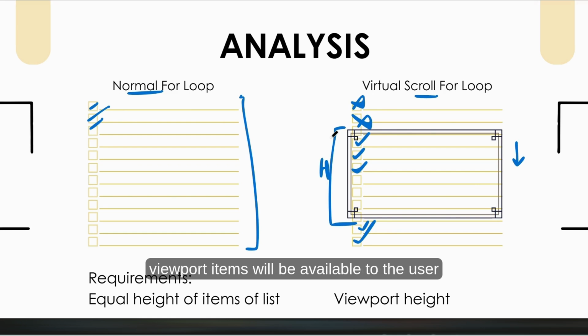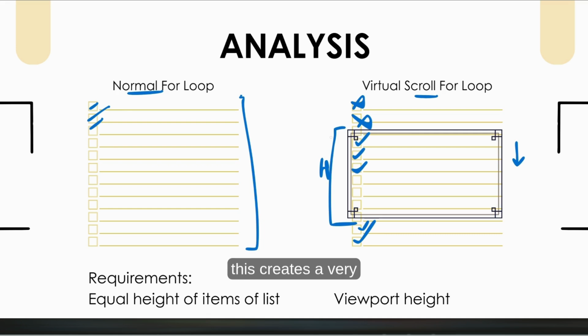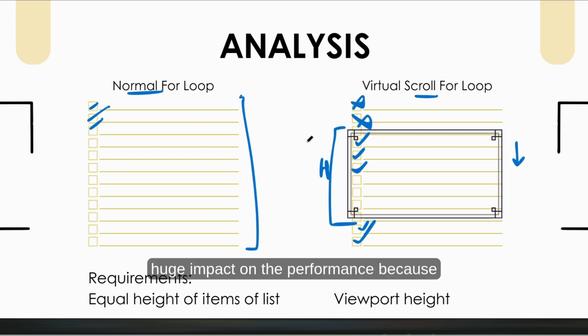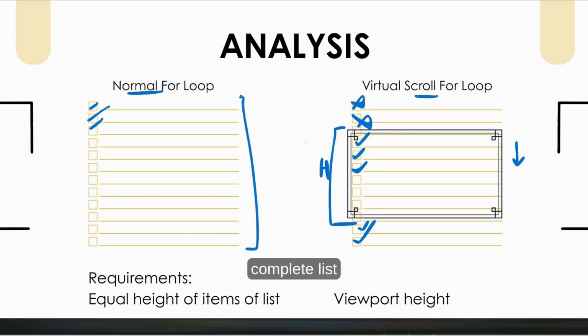This has a huge impact on performance because the list renders only a minimal amount of items, thereby it requires less memory space, there will be no lag faced by the user, and it will almost look like a complete list.